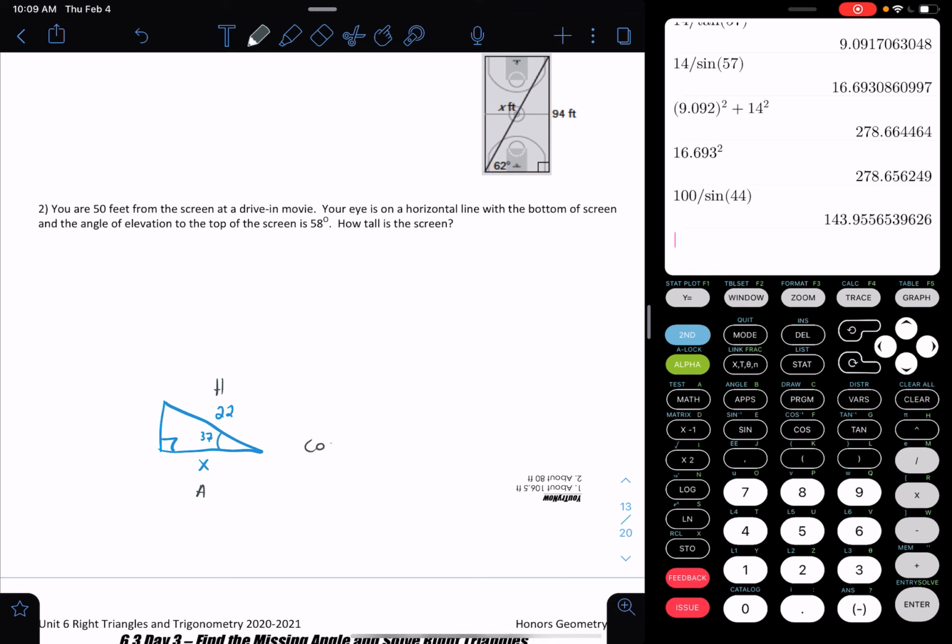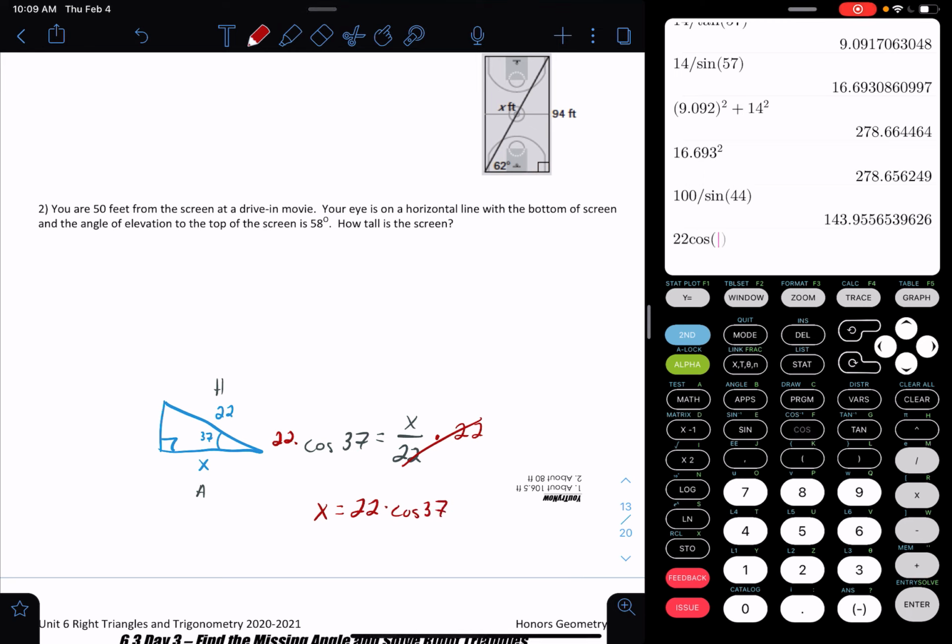So I've got cosine of 37 equals adjacent, which is x, over hypotenuse, which is 22. So here, our variable is not in the denominator. Our variable is up top. So what I'm going to do is just multiply both sides by 22. So that cancels that out. So x equals 22 times cosine of 37.